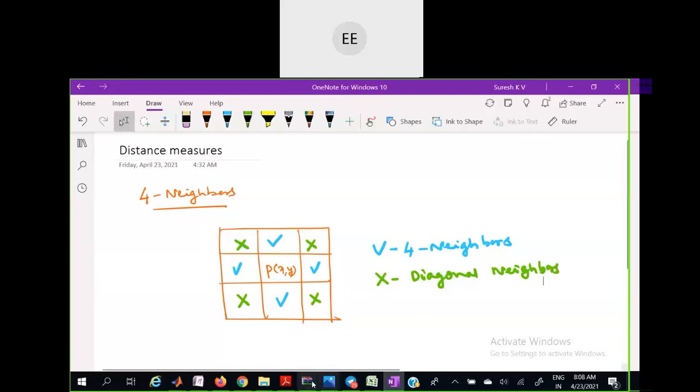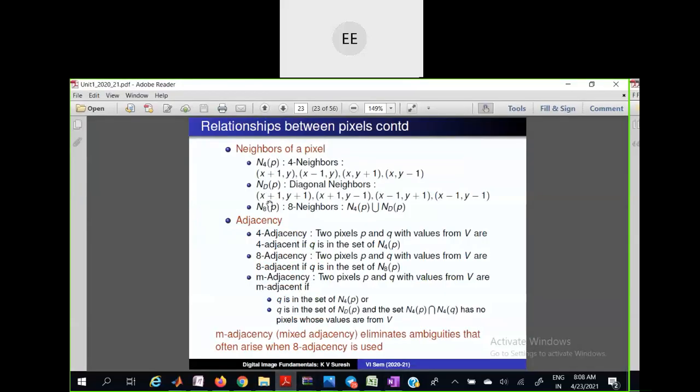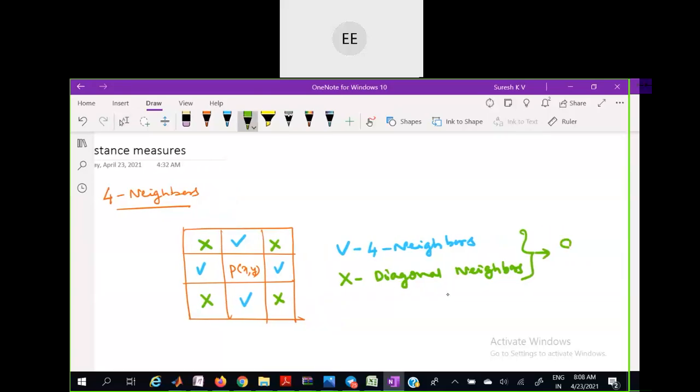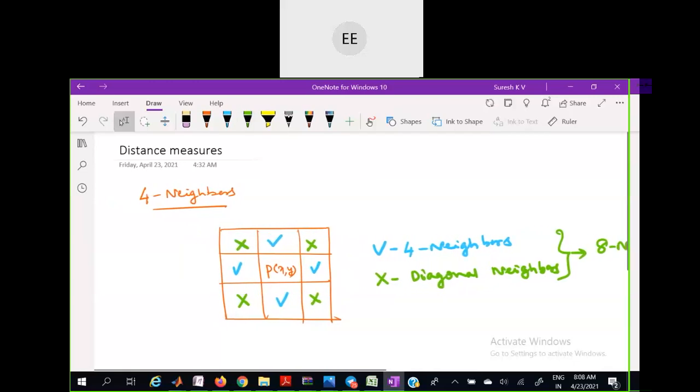According to this, it is x plus 1, y plus 1, etc. I think this is straightforward. And a union of these two, that means both of them put together, if I include both these neighbors, then they are called eight neighbors. So this is what we understood in the previous class. This is about the neighbors.